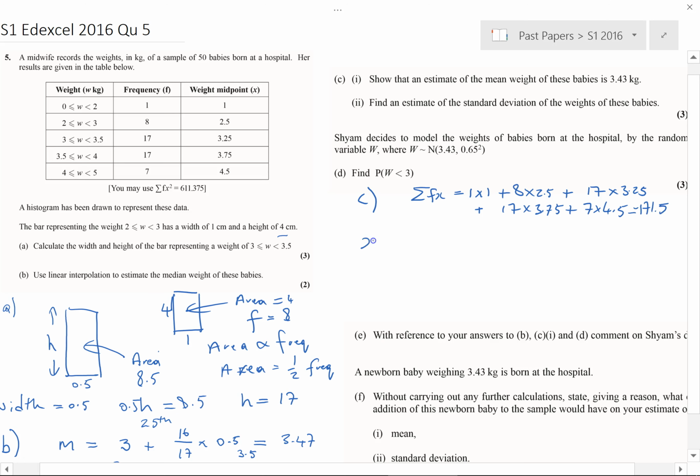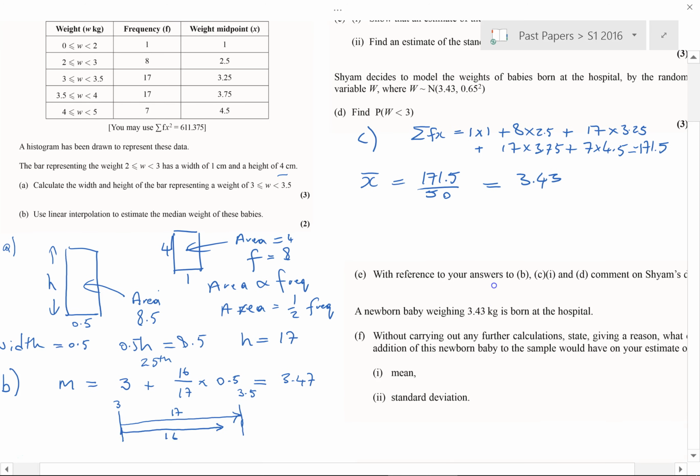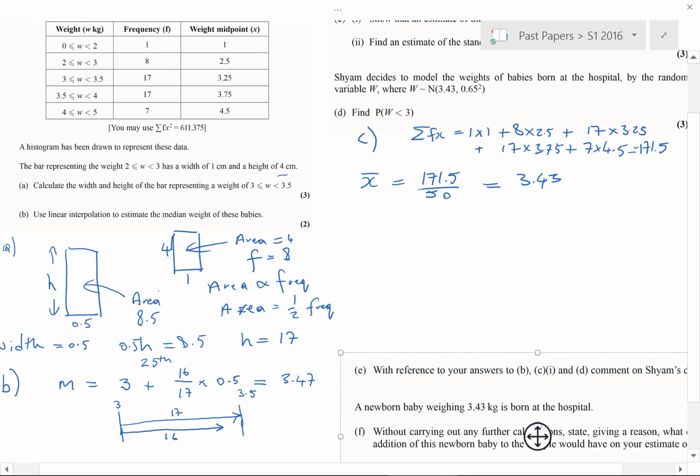So the mean is equal to 171.5 divided by the total number of values, which is 50, which is 3.43, and it's a given answer, so we need to make our working clear. Let's just move this down a bit to make a bit of space.